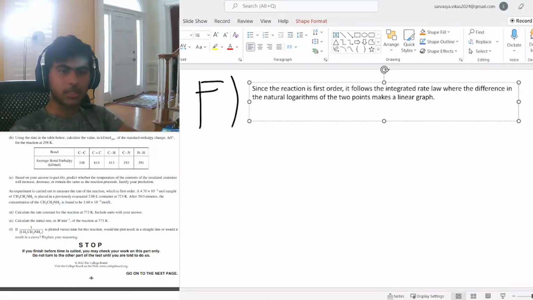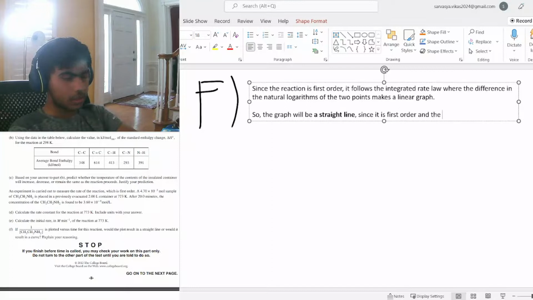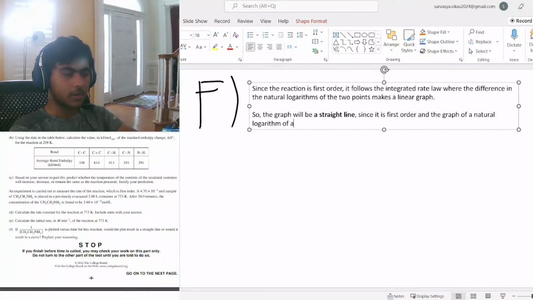So the graph will be a straight line, since it is first order, and the graph of a natural logarithm of a first order reaction versus time is going to be linear.